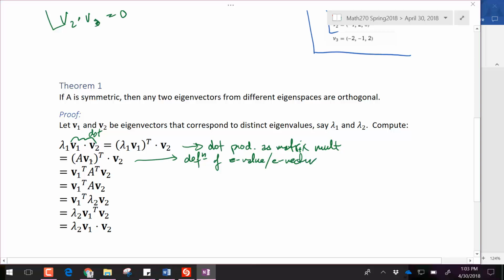And now the transpose of the matrix A multiplied with the vector v, the transpose of that is equal to the transpose of each individual one multiplied in different orders, right? So this is a matrix transpose multiplication property that we saw.